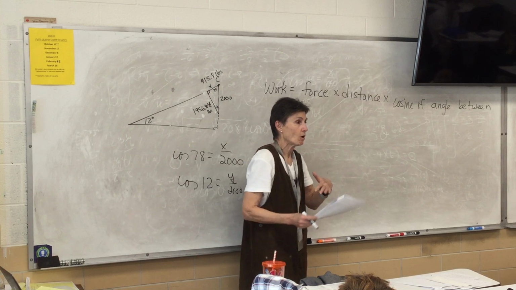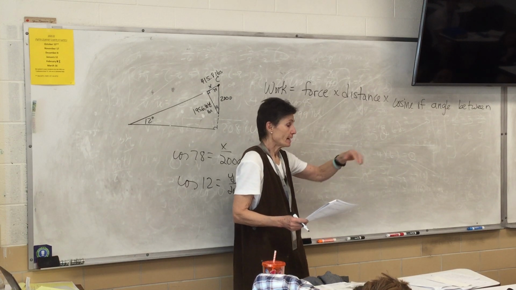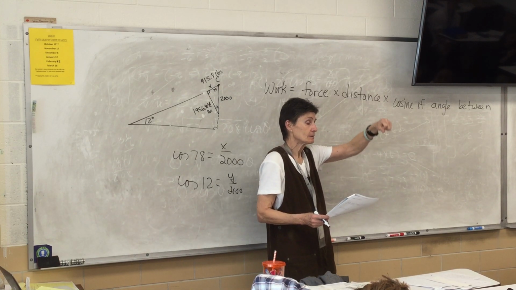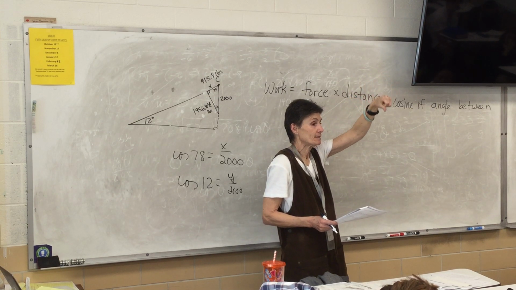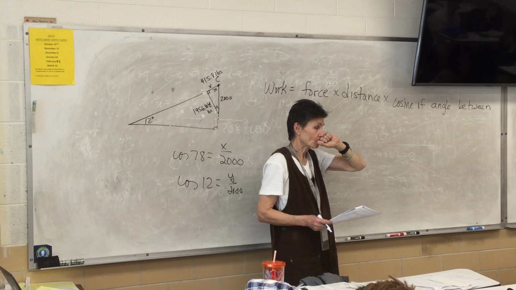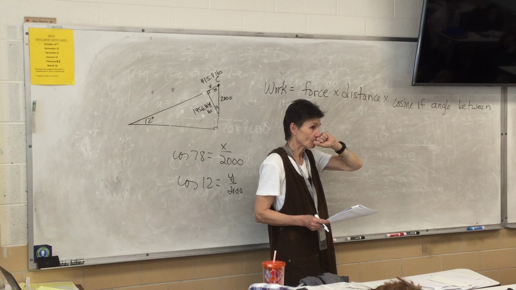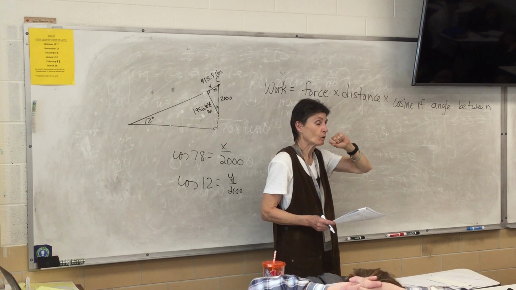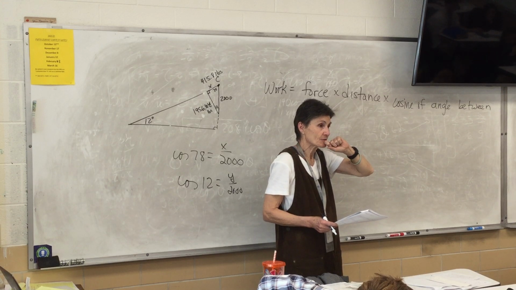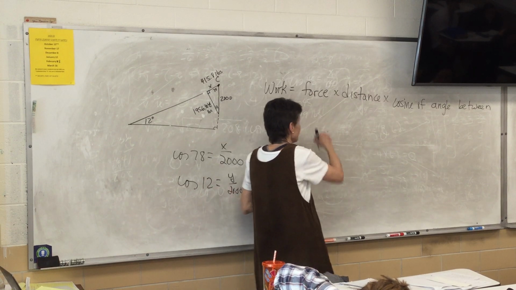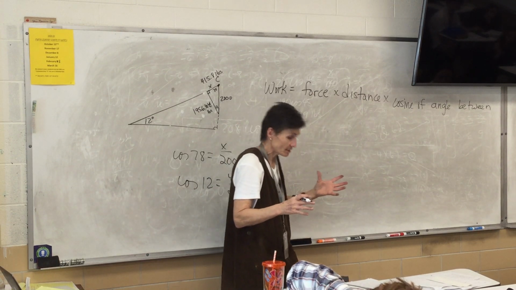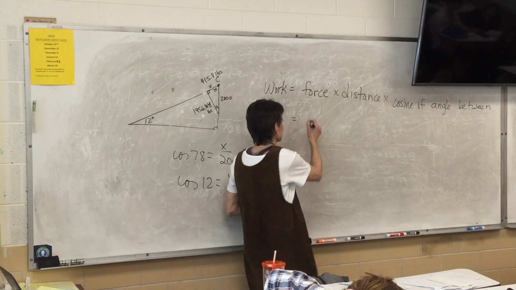Pretend I'm really strong, and I'm going to pick up a car and lift it straight up in the air 5.5 feet. How much work have I accomplished? Well, the magnitude of the force is the weight of the car, which is 2,600.